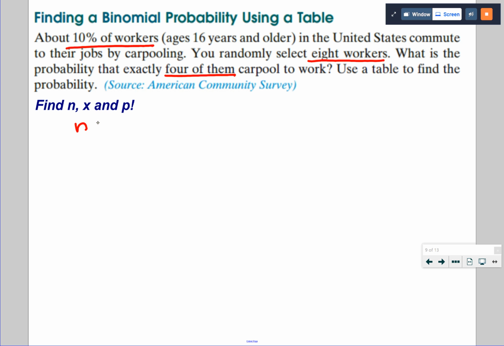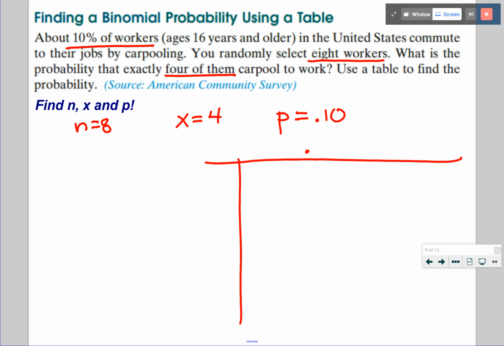What's N in this problem? 8. What is X? X is 4. And what is P? 10%, so 0.10. Okay, on your table, at the very top are your probabilities.